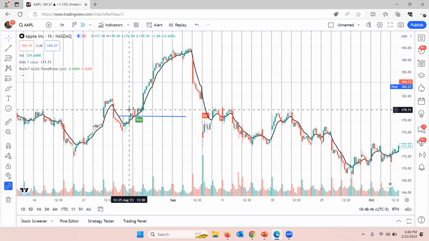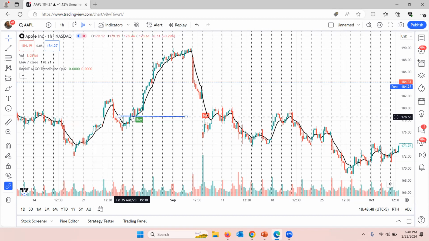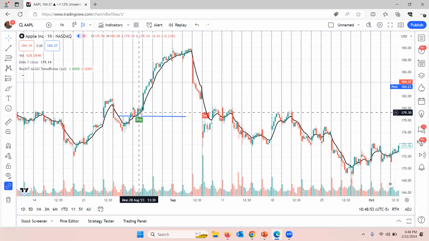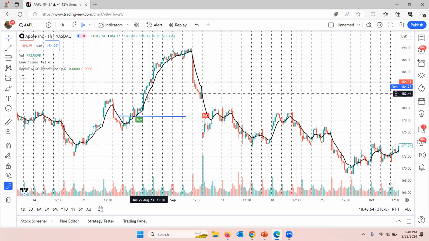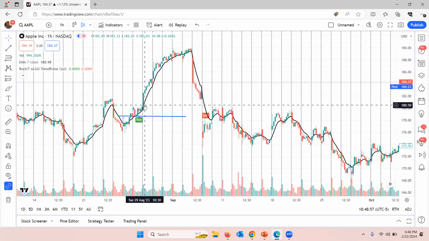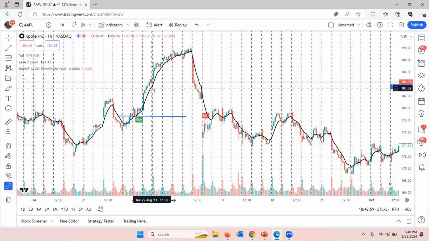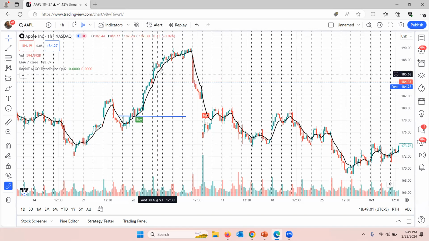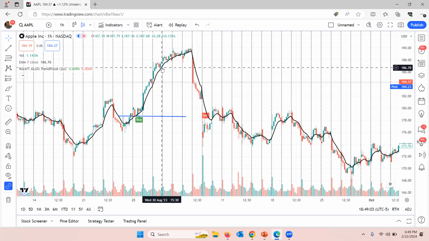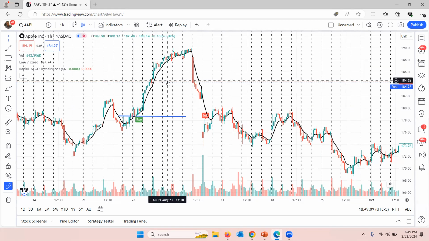Okay, so here we see just after the signal, Apple price just went up, up, up. As long as the candles are closing above the 7 EMA, you're good. So continue until the candles are no longer closing above the 7 EMA.